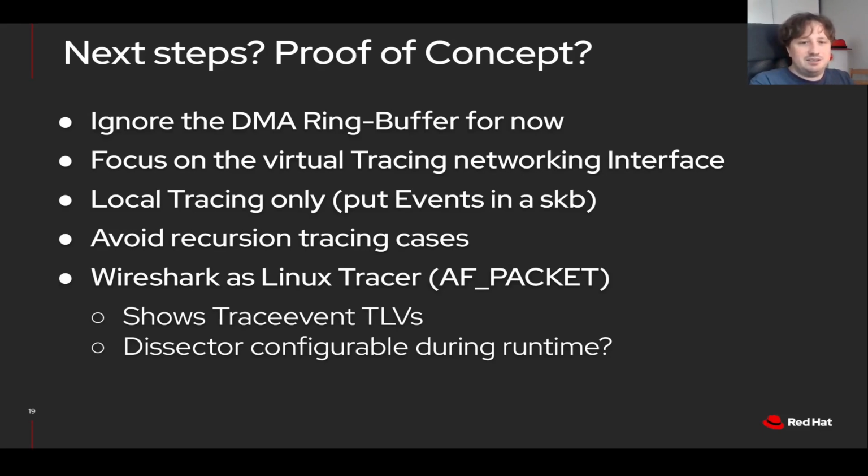And then we run something like Wireshark and see that we can use Wireshark as a Linux tracer, because we don't need to change a lot of things there. It directly will show us the raw tracing data.